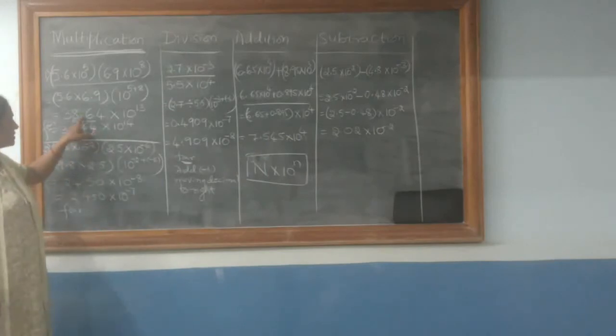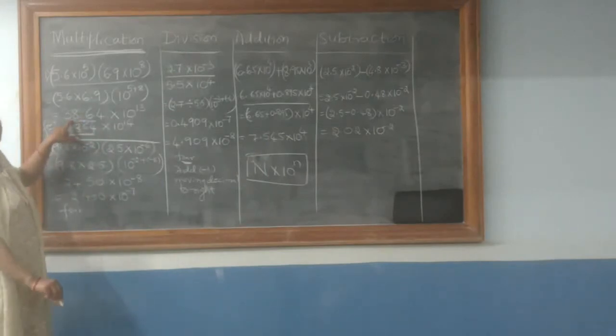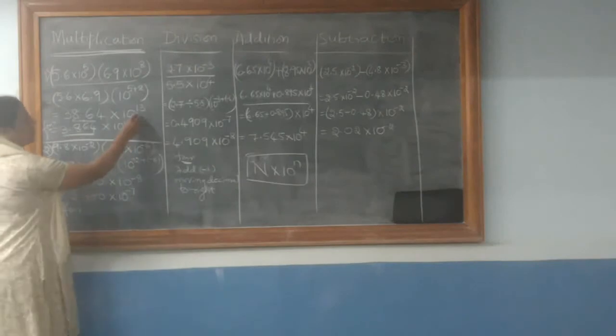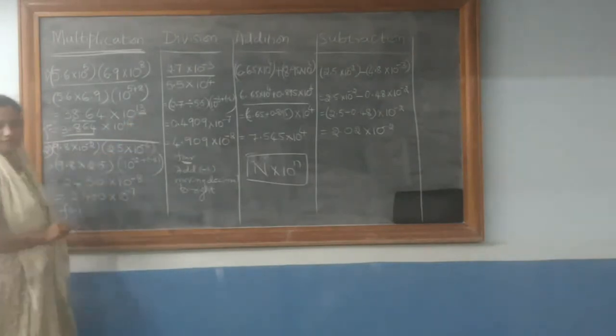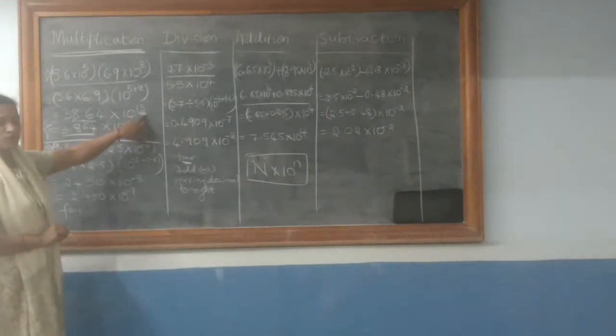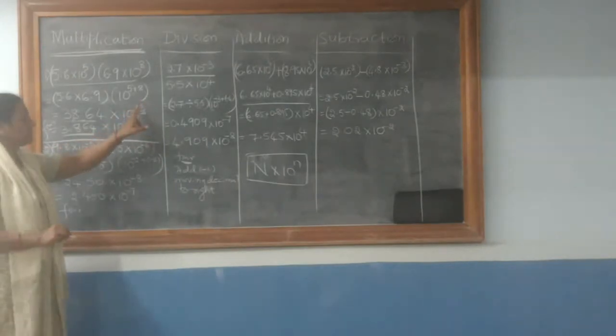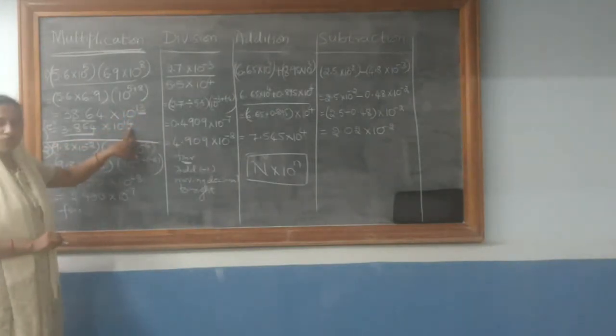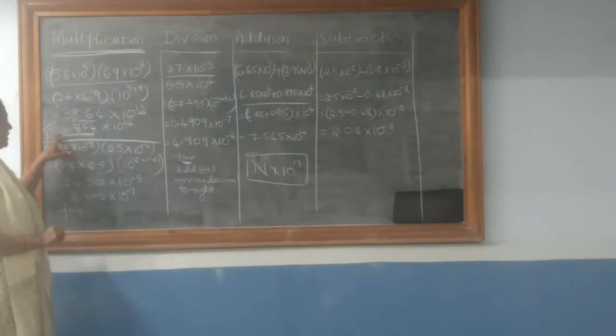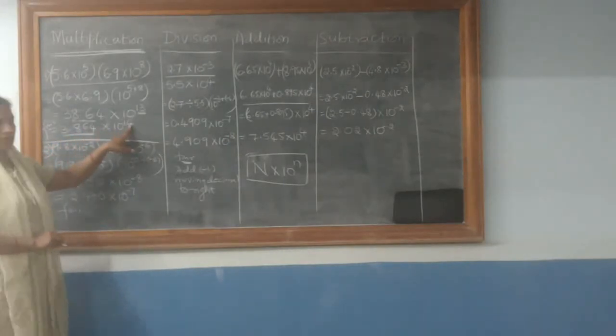Remember, whenever you are shifting the decimal towards left, you should add plus 1 to the already existing exponent. So 13 plus 1 becomes 14. So the final value will be 3.864 into 10 to the power of 14.